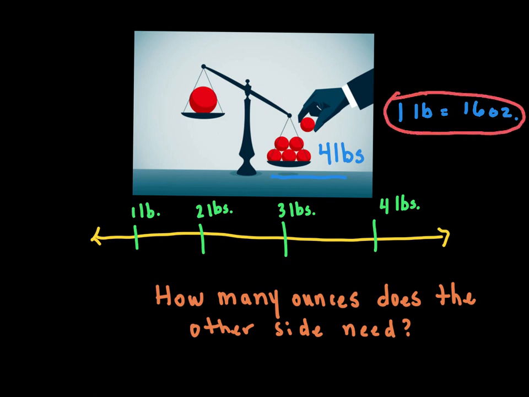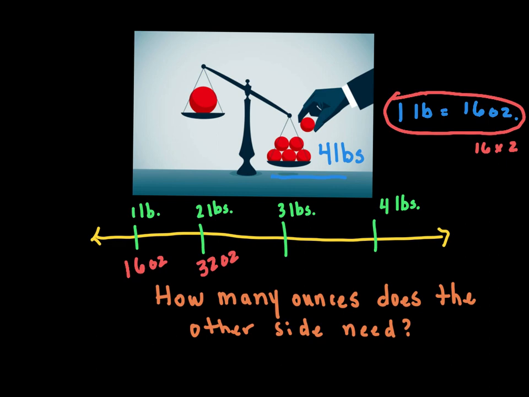All right. So in that case, let's place it on our number line to figure out. So 1 pound, the conversion is 16 ounces. But what about 2 pounds? Well, that just says 16 times 2. And 16 times 2 is 32 ounces.